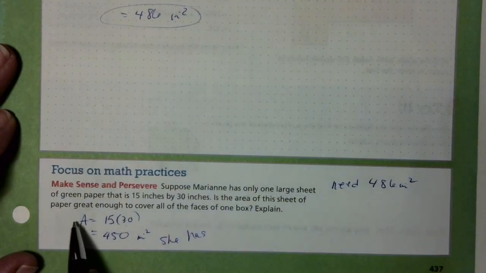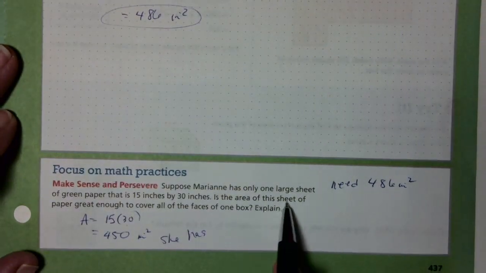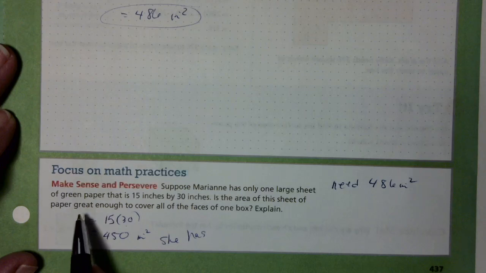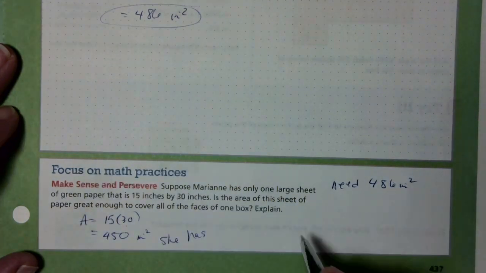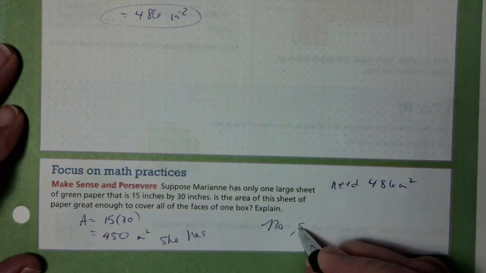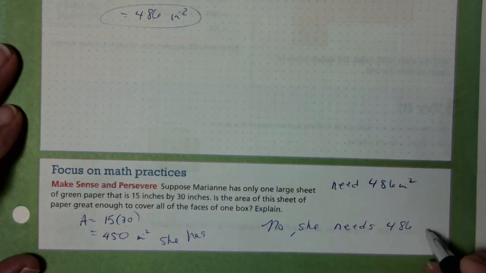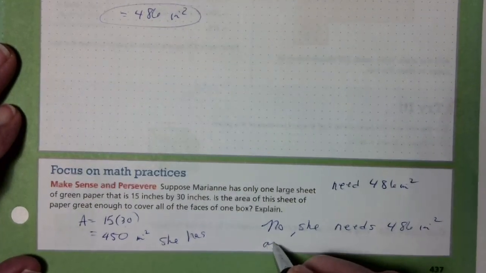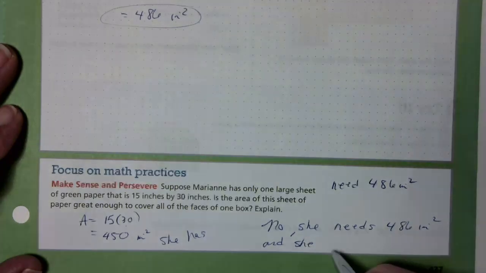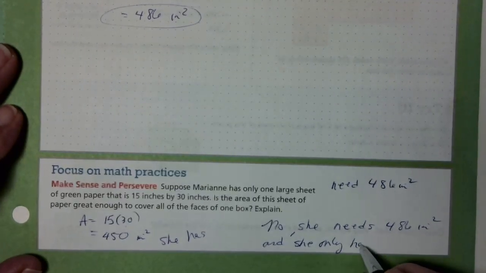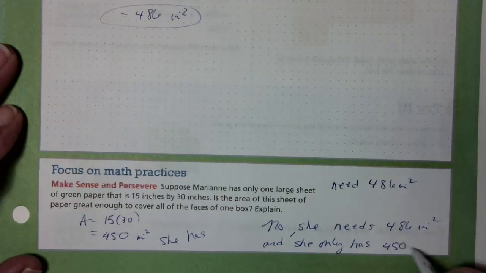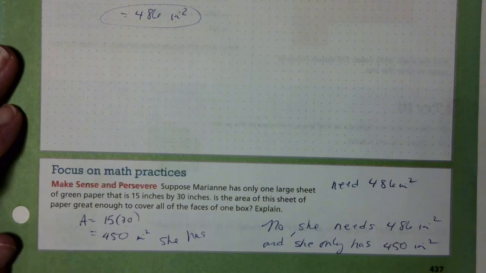So, what was the question? Is the area of this sheet of paper great enough? Is it big enough to cover this? And the answer is no. She needs 486 inches squared, and she only has 450 square inches.